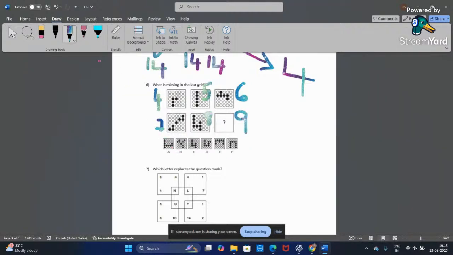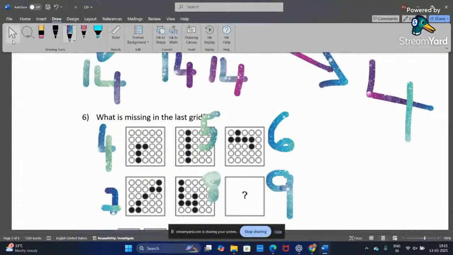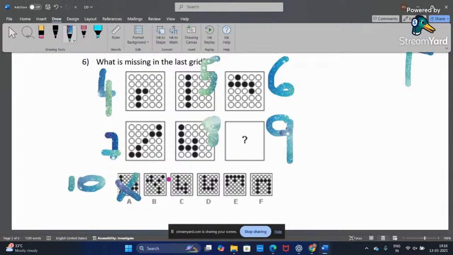So let's check the option. See here, in this, there are 10. This is not the option. In this, there are 7. This is not the option. In this 4, 5, 6, 7, 8, this is not the option.